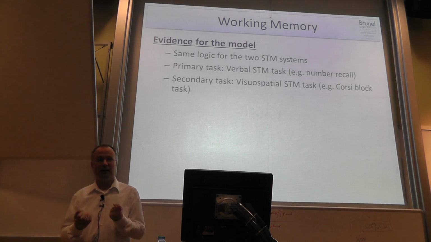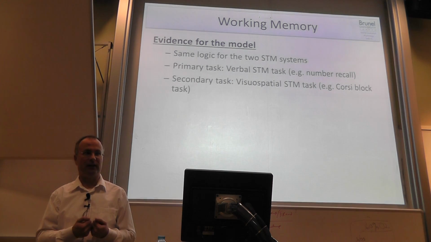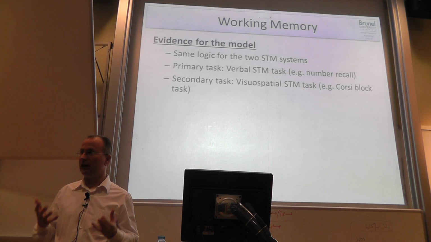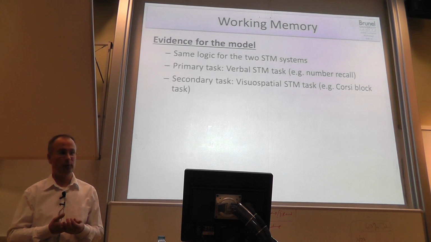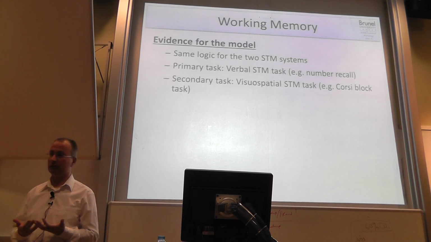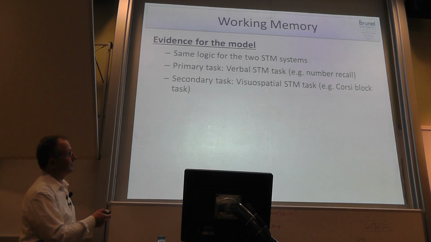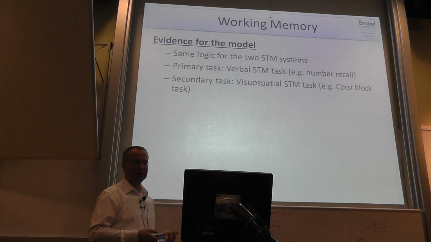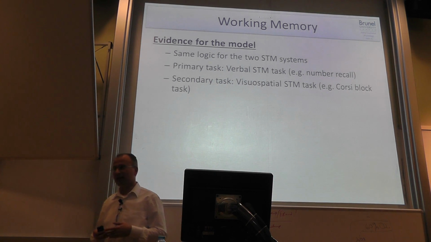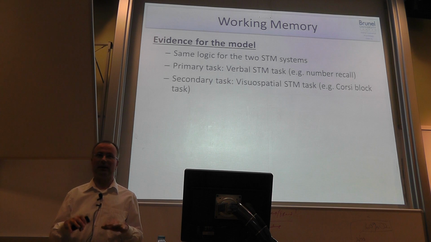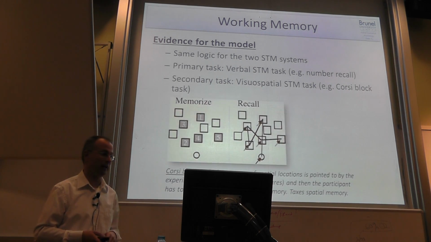Then you will see that you really struggle to do that task, because both tasks demand the phonological loop, and people have severe difficulty with that. You get interference. However, if the secondary task is a visuospatial task, such as a Corsi block task, then again you observe surprisingly little interference between the tasks.